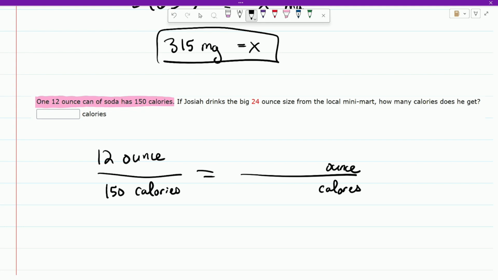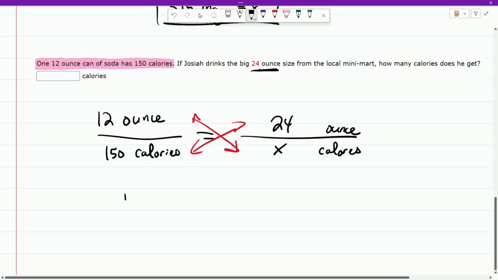So if Josiah drinks a 24-ounce can from the local mini mart, how many calories does he get? So 24 over X. Let's go ahead, cross multiply. So we get 12X equals 24 times 150.